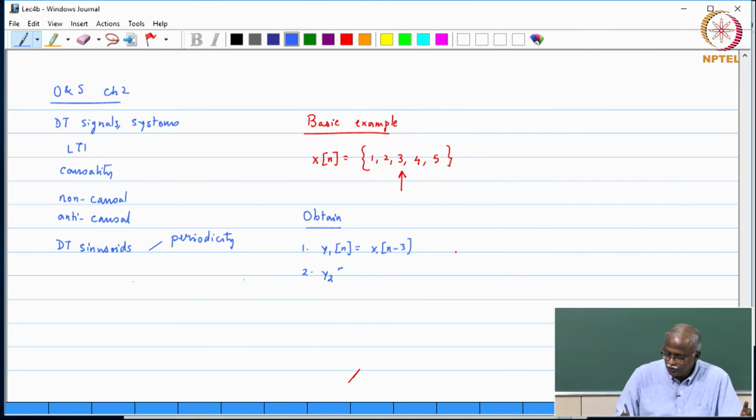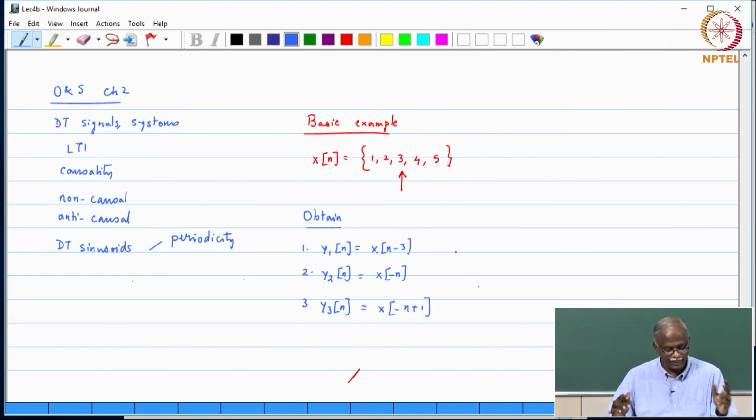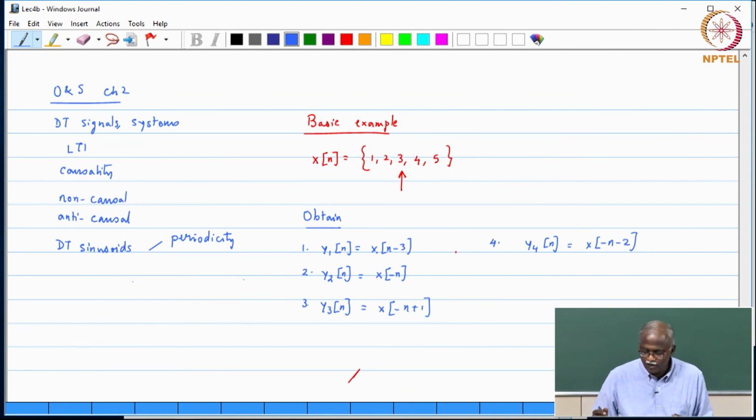Second, y2 of n is x of minus n, time reversal. Third, y3 of n is x of minus n plus 1, that is shift and time reversal. Fourth, y4 of n is x of minus n minus 2, again shift and time reversal, you have to be careful when you do the shifting.